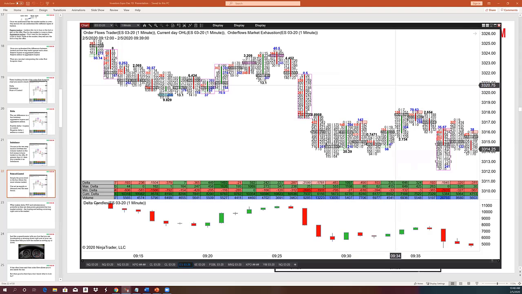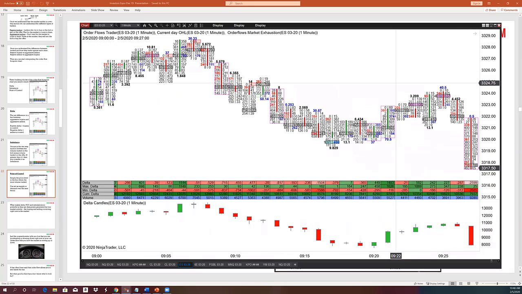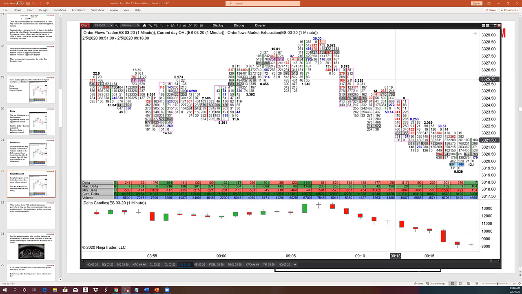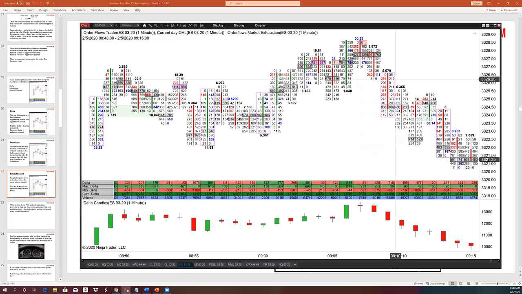Now, there's so many different aspects of order flow. Really, 1 hour is not enough. But hopefully by now you're able to start to get a grasp of some of the basic concepts, whether you're using a 1 minute chart. People that say, hey, I'm a swing trader, can I use order flow?